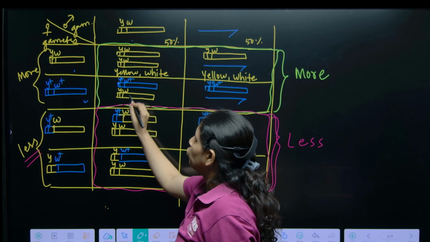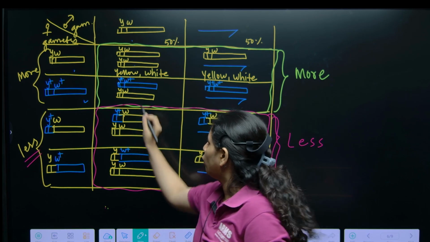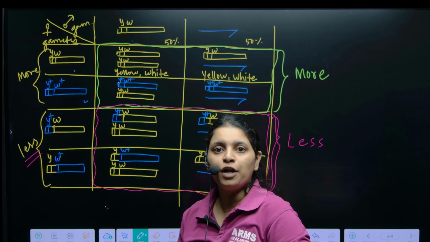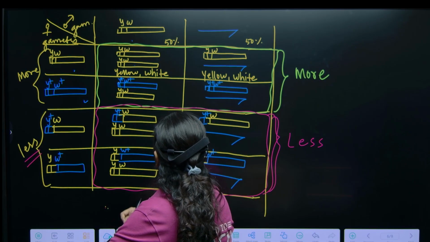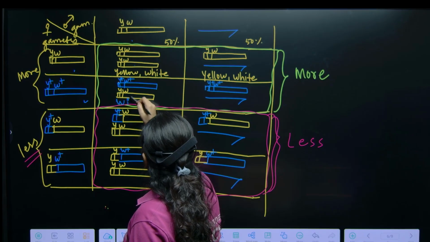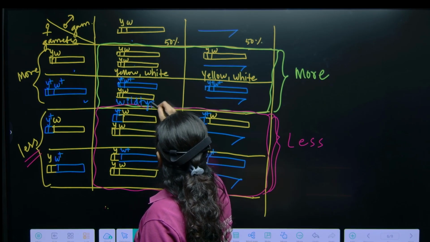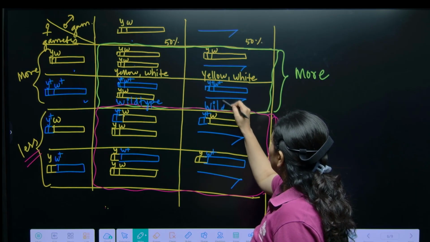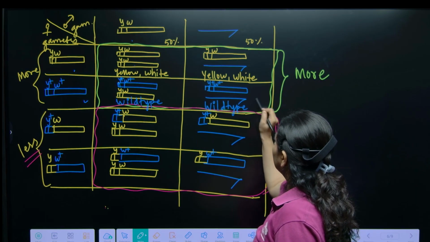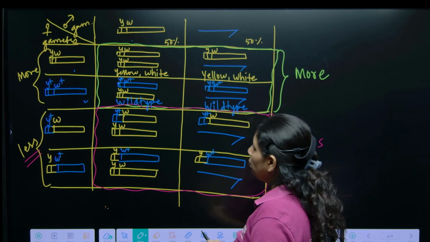Y plus Y, W plus W. As there are plus plus, both Y plus as well as W plus means dominant characters will be expressed. So this is wild type. Same here, Y plus W plus, so wild type.